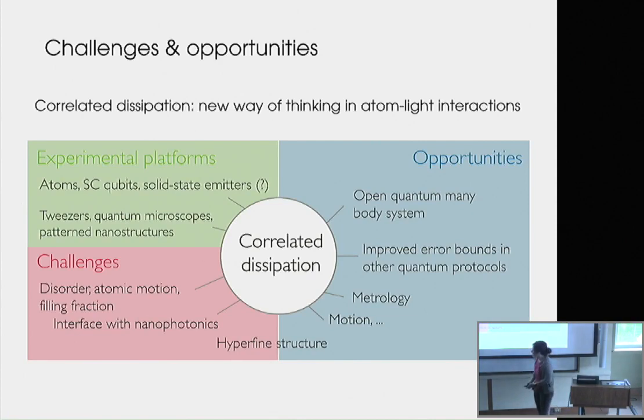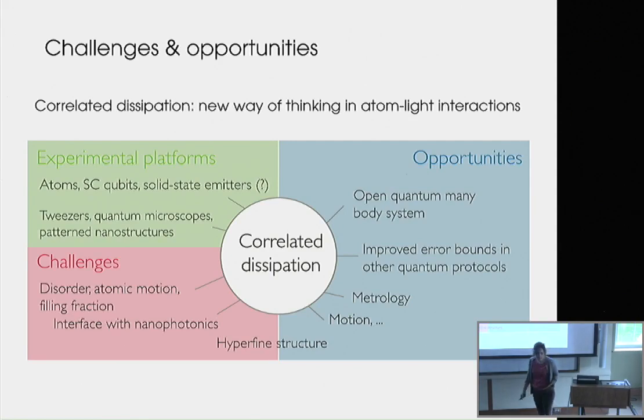This hyperfine structure problem was before a challenge, and now we're starting to see it as an opportunity. It's very preliminary, but there seems to be some cool physics hidden there, and maybe it's another degree of freedom that we can use to see interesting subradiance.